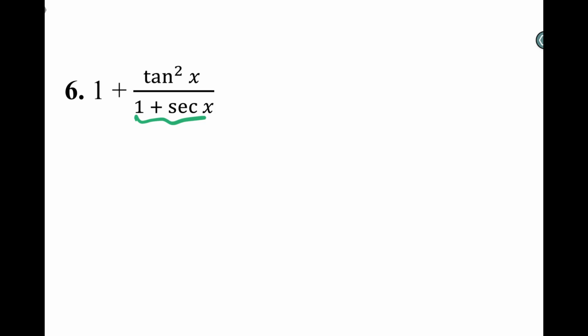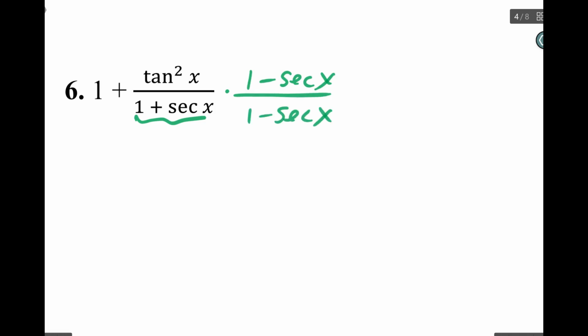I know on the quiz some people would put secant squared of x minus 1 on top and be like, oh, 1 minus secant cancels out. What I would do is multiply by 1 minus secant of x over 1 minus secant of x. This makes me have a difference of squares on the bottom.